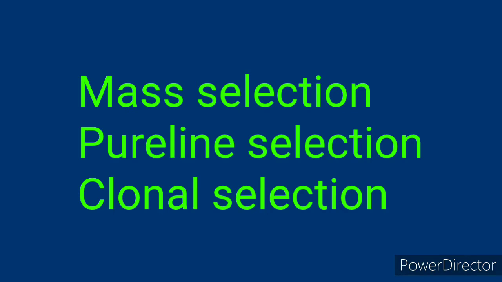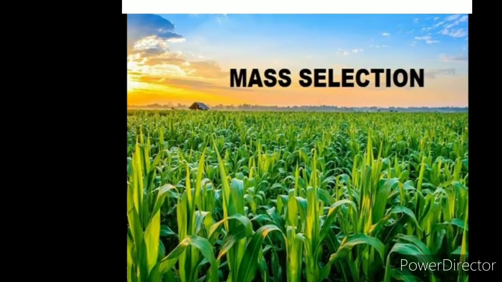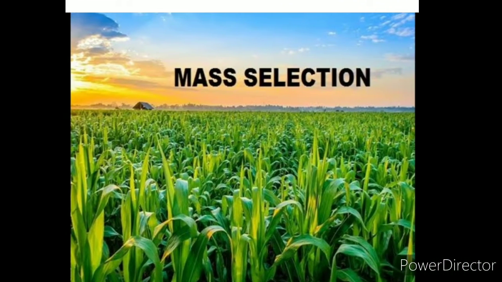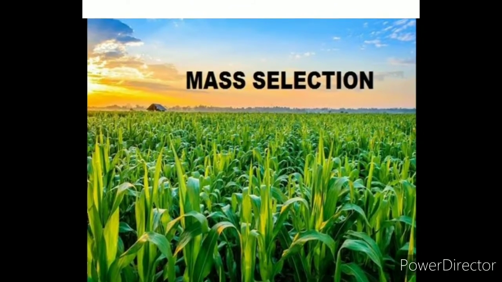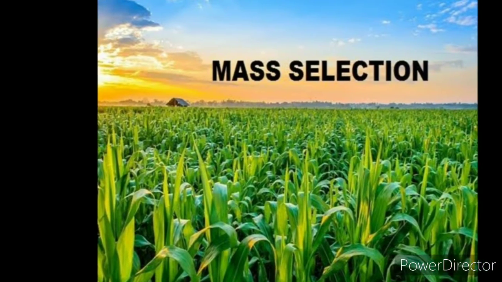There are three main types of artificial selection. They are mass selection, pure line selection and clonal selection. In mass selection, a large number of plants of similar phenotype or morphological characters are selected and their seeds are mixed together to constitute a new variety.